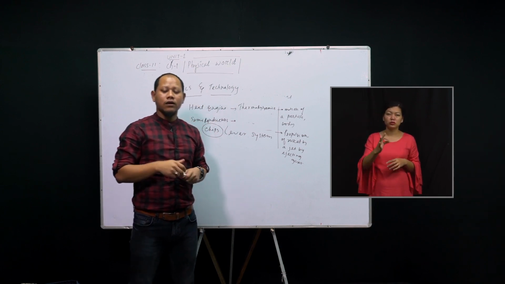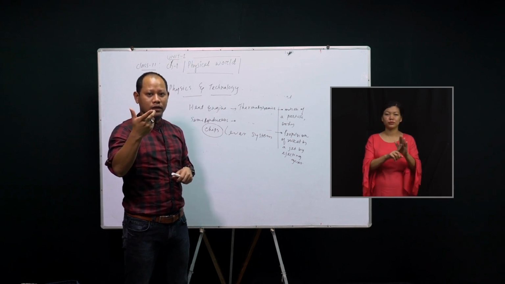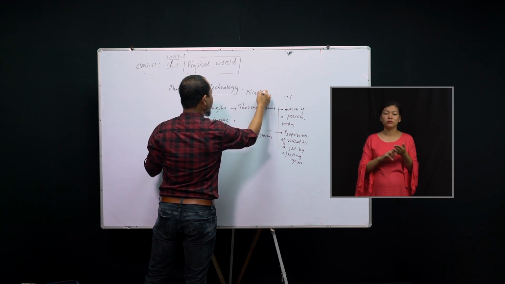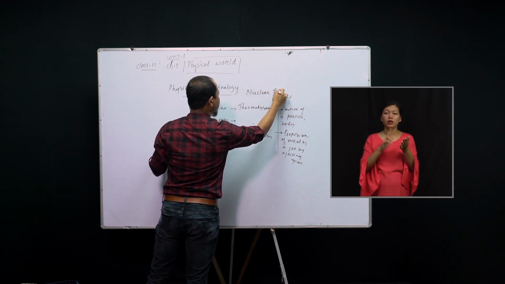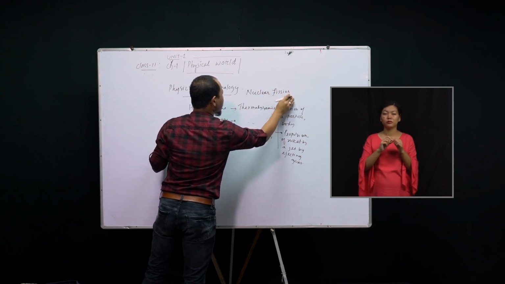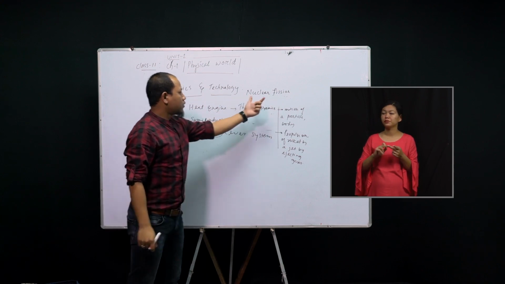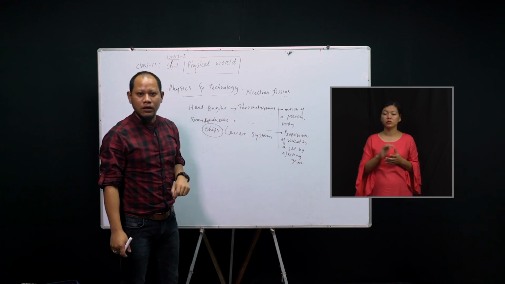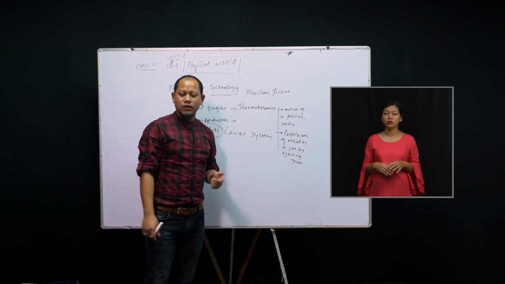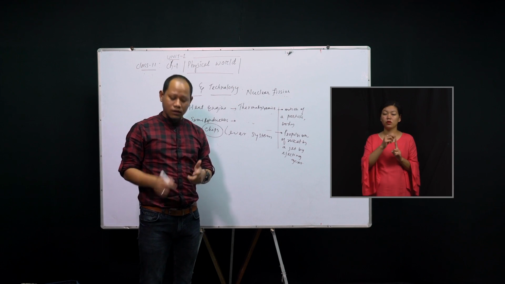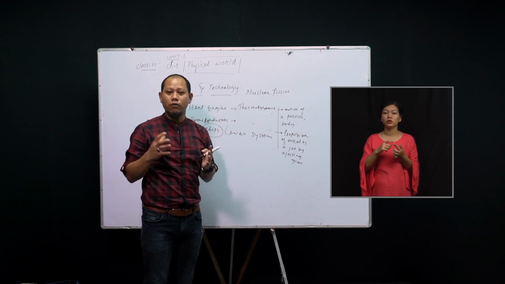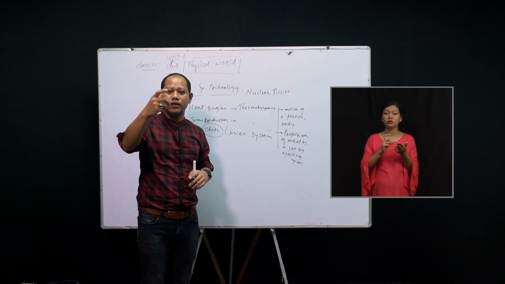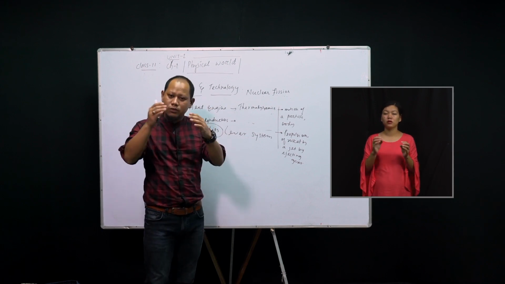Let me give you one more example: nuclear fission. Once we discovered the phenomenon behind nuclear fission, it proved to be a tremendous source of energy. I think you already know about the nuclear bomb and how powerful it is, and the nuclear reactor. This is nothing but the physics behind it.